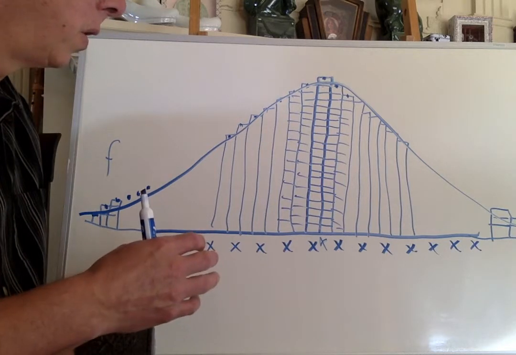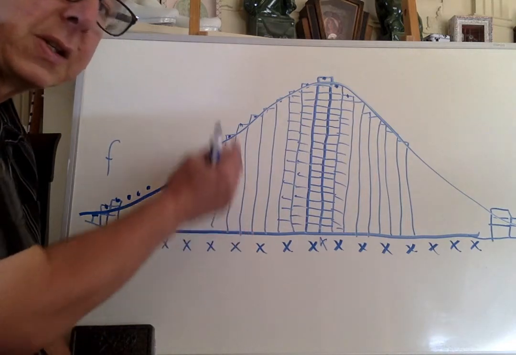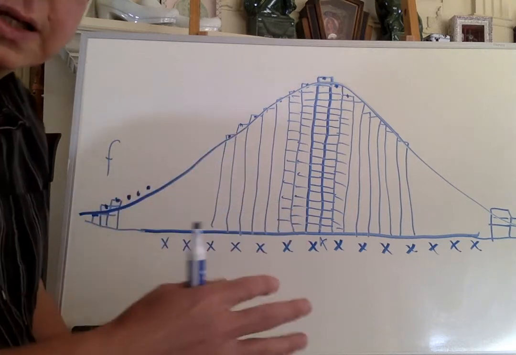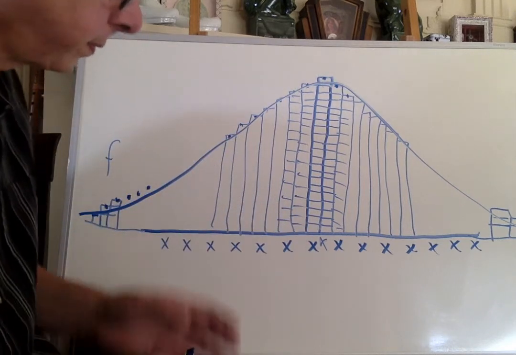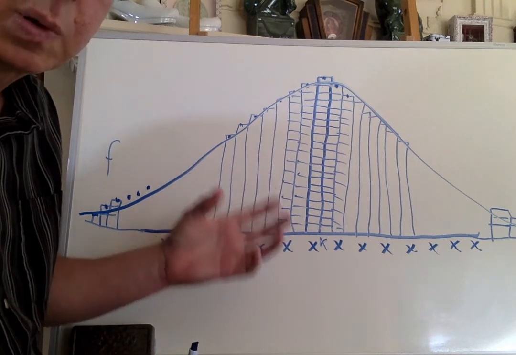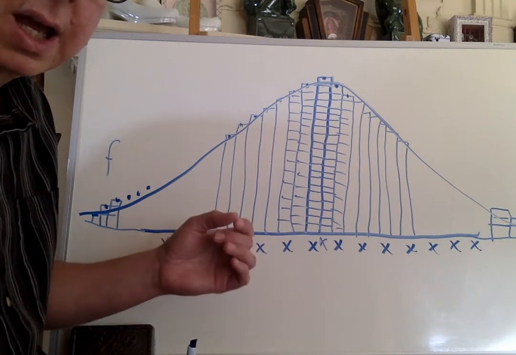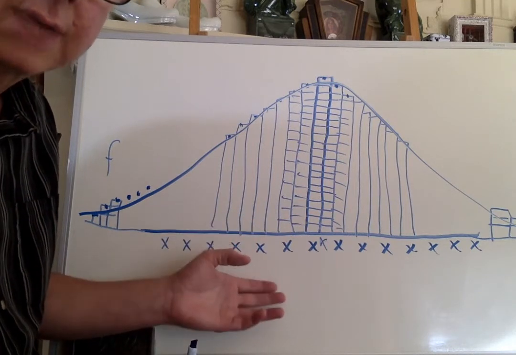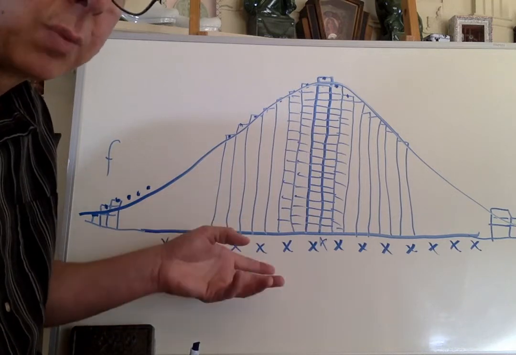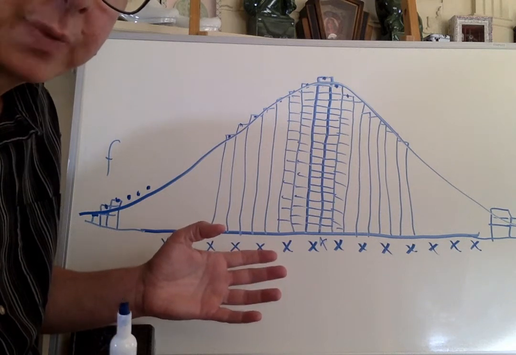Now, the narrower these bars are, the more this is going to look like a smooth curve. And this looks like something I know that you probably covered in high school at some point. And what do we call this kind of a curve? What do we call this curve? Yeah, it's the normal curve or the bell curve, okay?